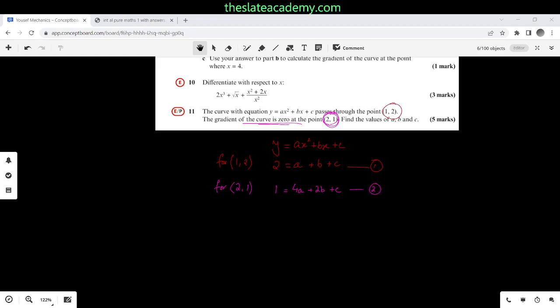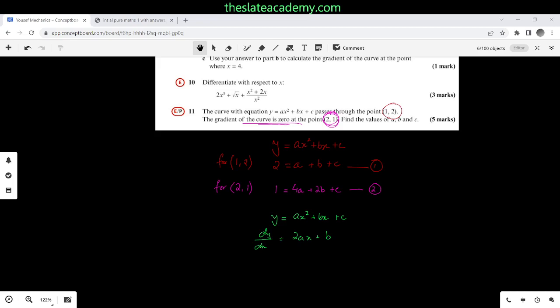For the third equation, I am told that the gradient of the curve becomes 0 at this point, so I'll write dy over dx. y is equal to ax squared plus bx plus c, so dy by dx will be equal to 2ax plus b, right?